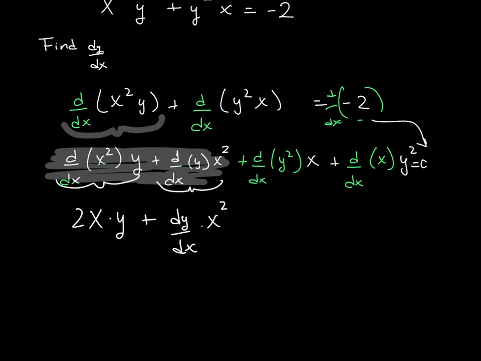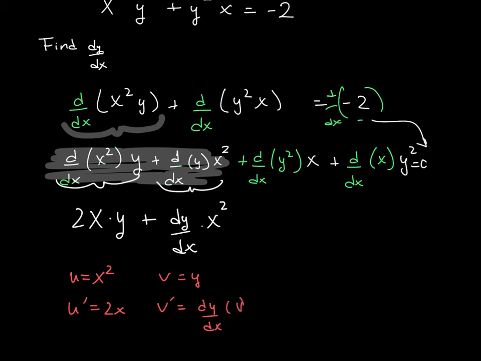You could also do this with u and v notation, meaning that u is equal to x squared, u prime is 2x, v is equal to y, and v prime is equal to dy/dx, because it's the variable y with respect to x, times 1.